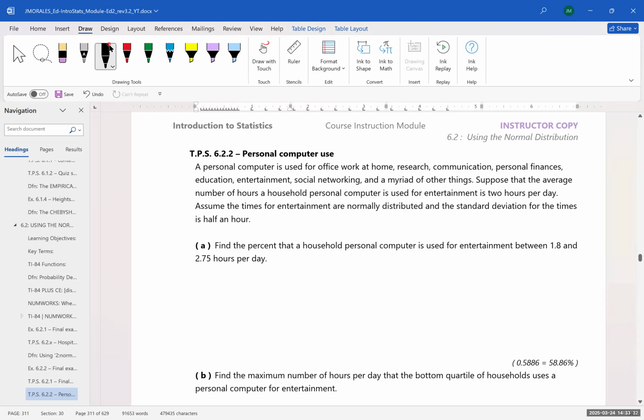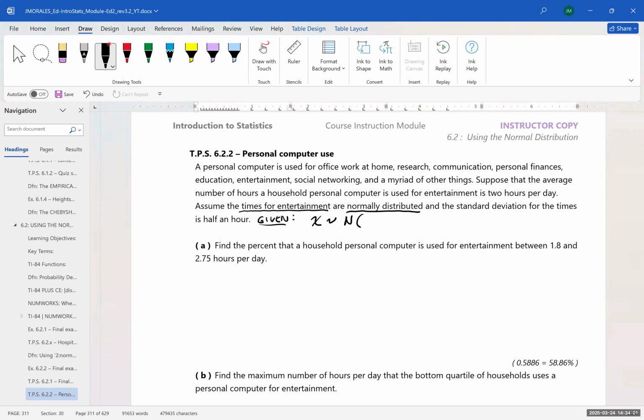All right. So let's try and break this down and look at our given information. We're looking at the amount of time for entertainment. That's our random variable, and it's normally distributed. And this was put in there a little bit earlier.